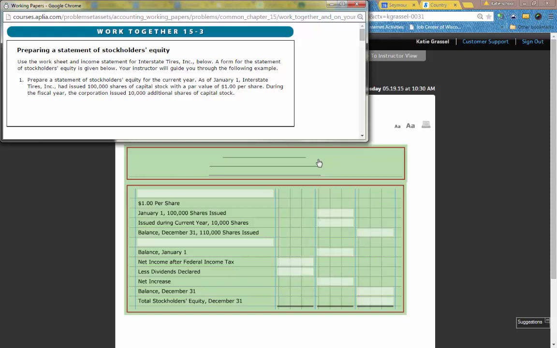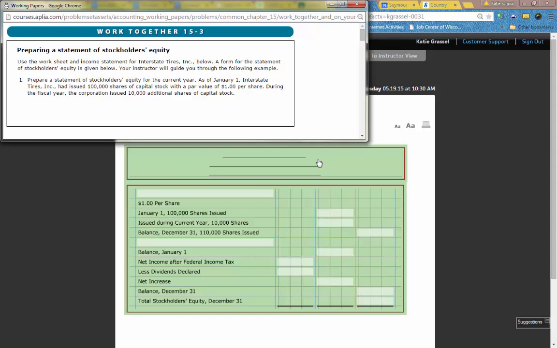Okay? The other thing that we have to calculate is going to be our retained earnings. Retained earnings is going to be the additional, how we take that net income and put it back into the business, whether or not we're paying dividends or not. Okay? So we have to prepare a statement of stockholders' equity for the current year.